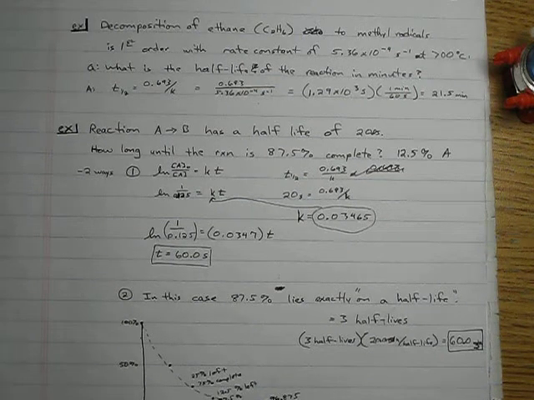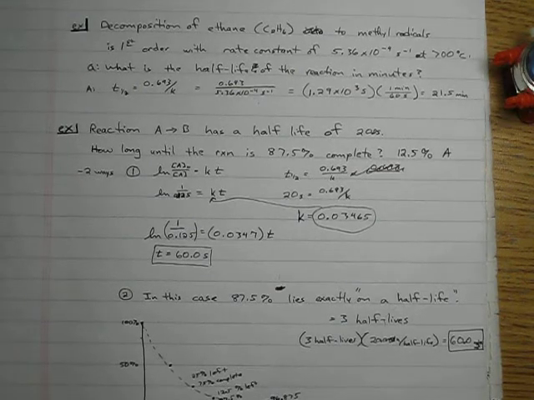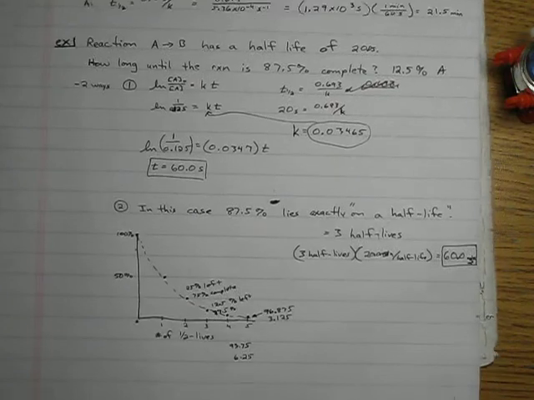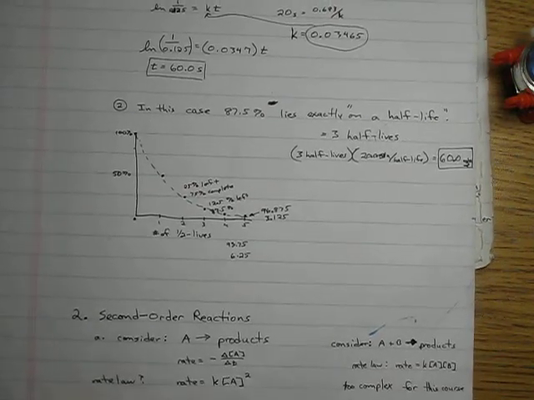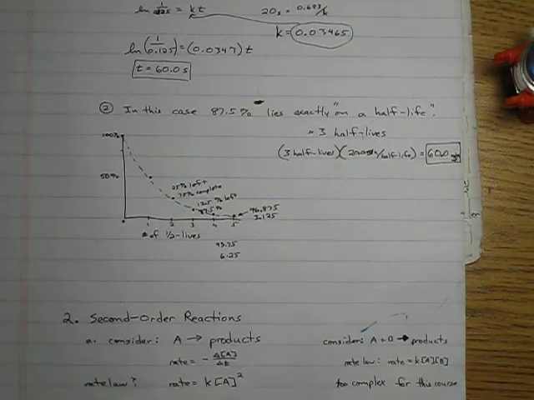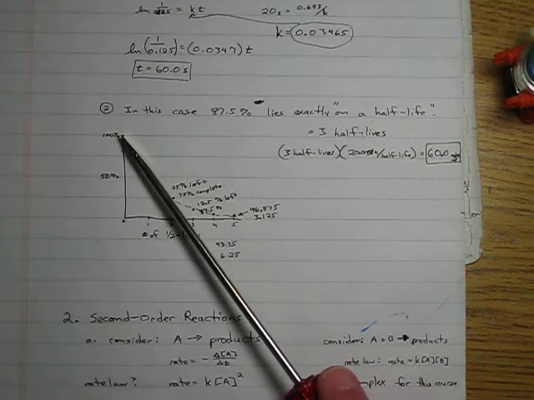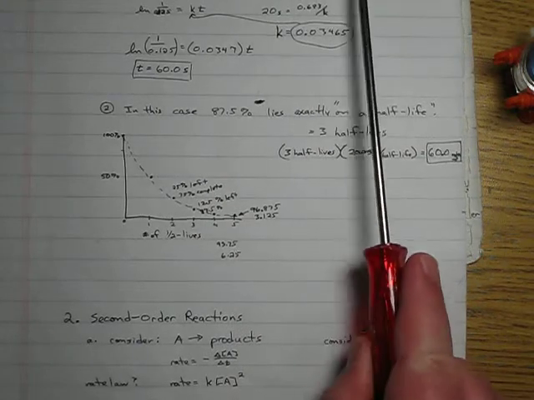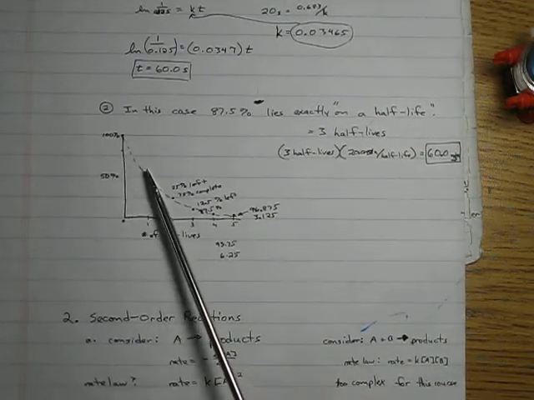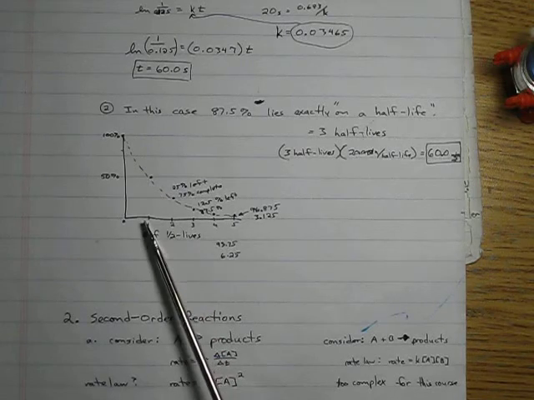All right. Now with this problem, it turns out there was a slightly easier way to do it because of the way half-lives work. Note, if we start with 100% of A, after 20 seconds, one half-life, we would be down to 50% of A left.